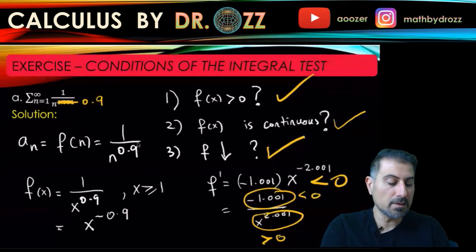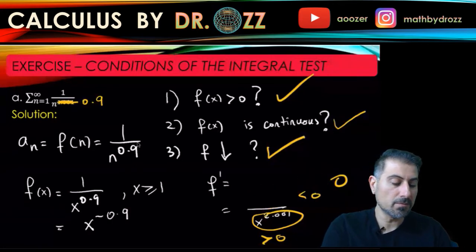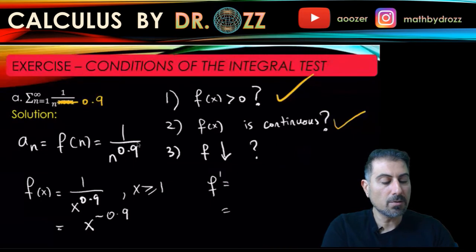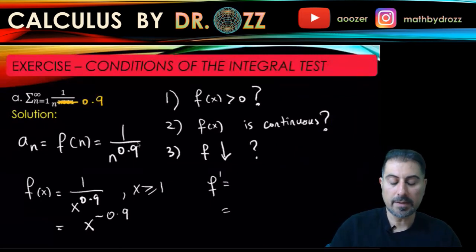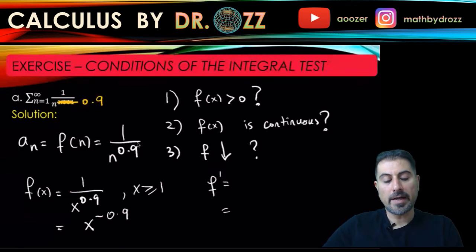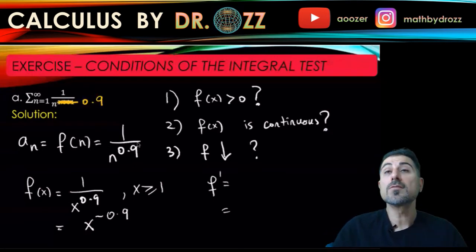Okay, so let's do the f prime calculation here from scratch, and let's check all three conditions again. But again, this is very similar. So you have x greater than or equal to 1. And x to the power of 0.9 is going to be positive. 1 over that is going to be positive. So this is check marked.